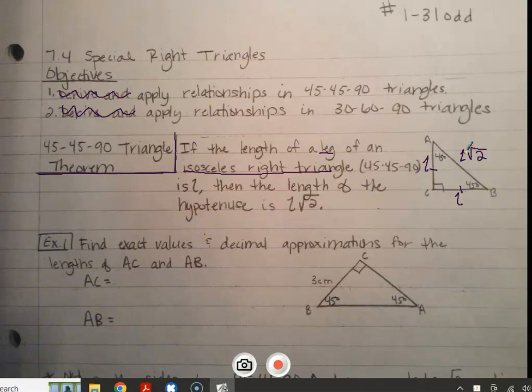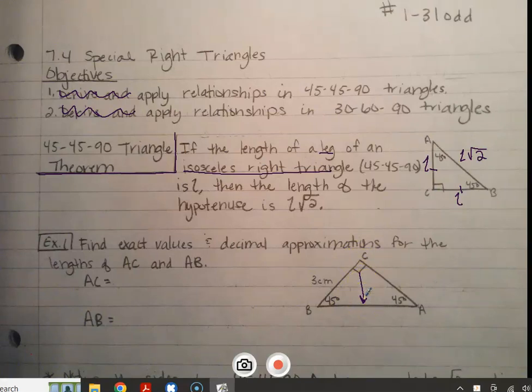So example 1 says find the exact values and decimal approximations for the lengths of AC and AB. So let's spend some time breaking this down. If this is our right triangle, the hypotenuse is over here. It's always the side opposite of the right angle.